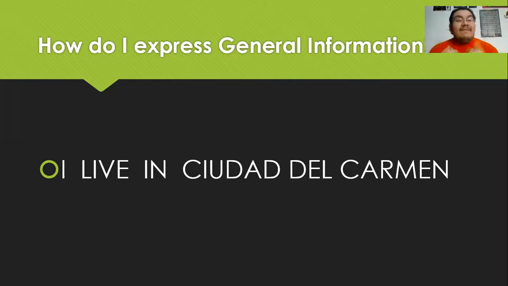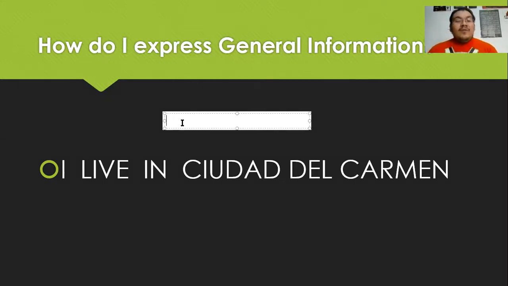Esa es mi información. Now, to express general information, we need to comprehend two things. Para que podamos expresar información general, tenemos que entender dos cosas. The first one, and maybe the most important one, is that we are using a specific type of structure.